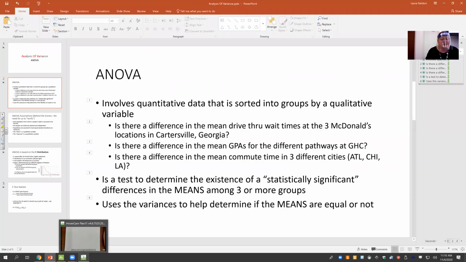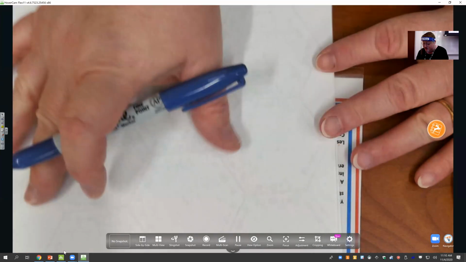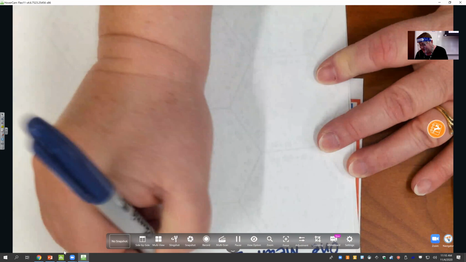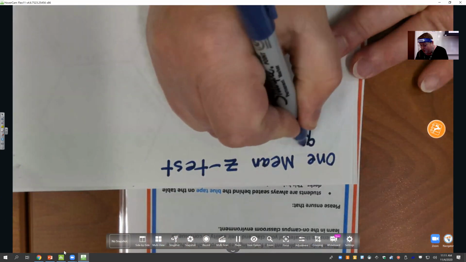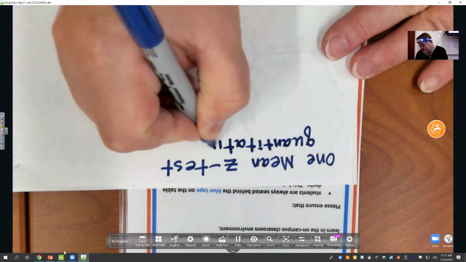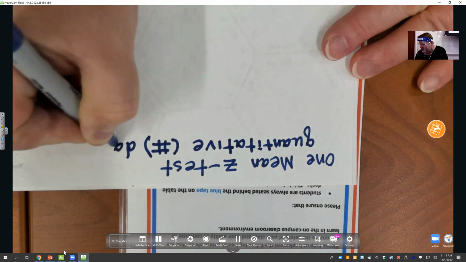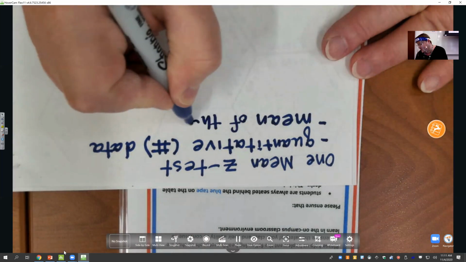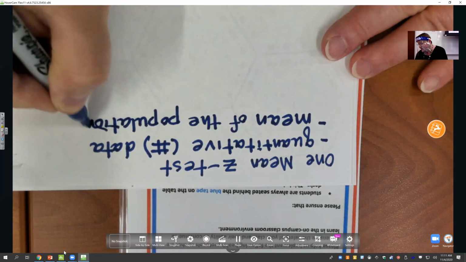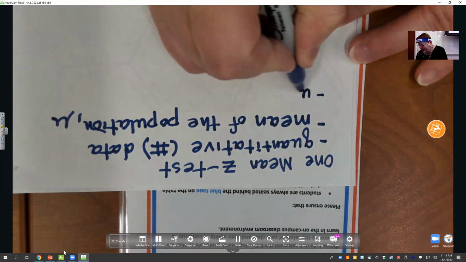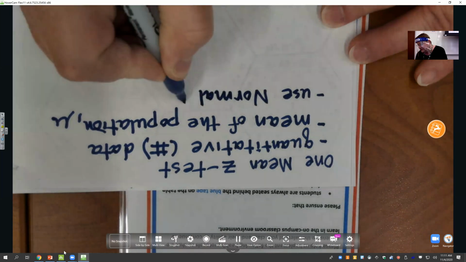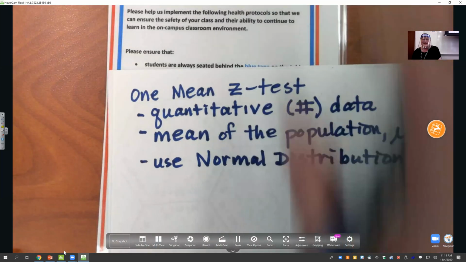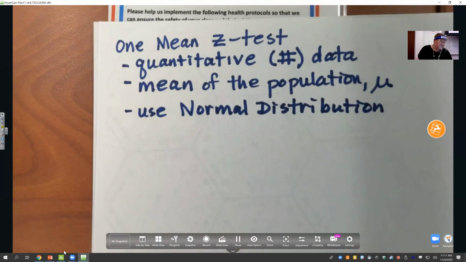We have thus far talked about the one mean z-test, which is applicable to quantitative data, which means you would have numbers specifically related to the mean of the population, which is mu, and we use the normal distribution. Okay, that was in Module 3.